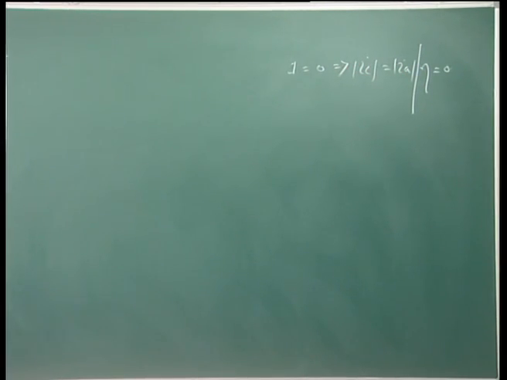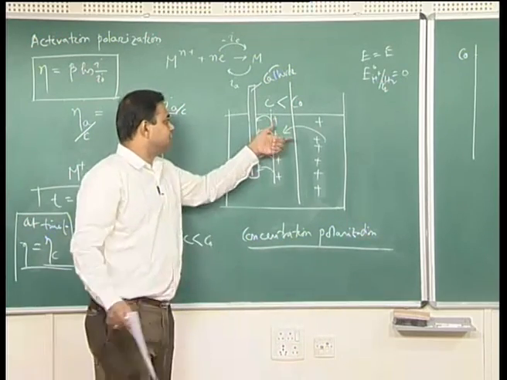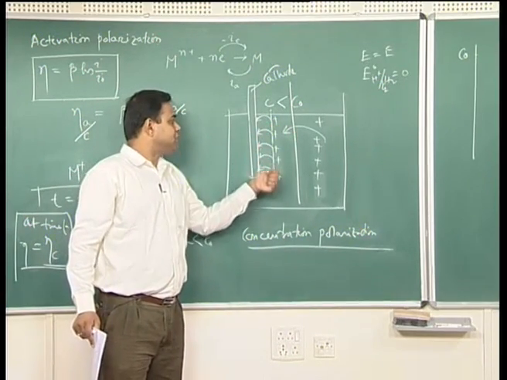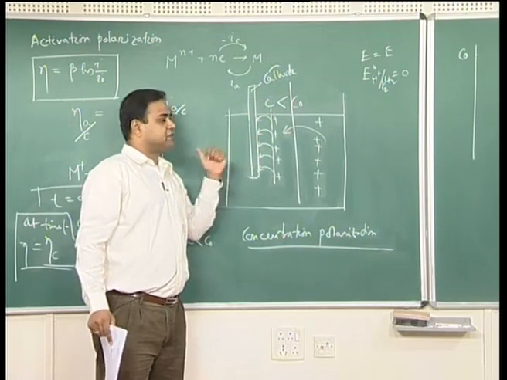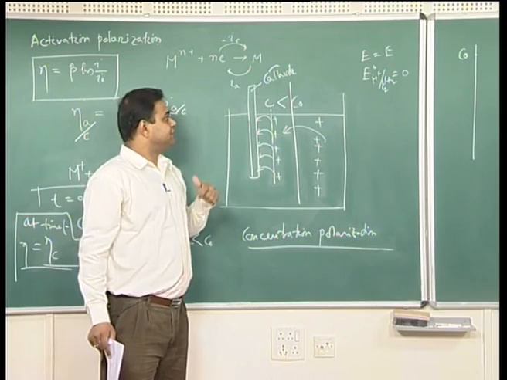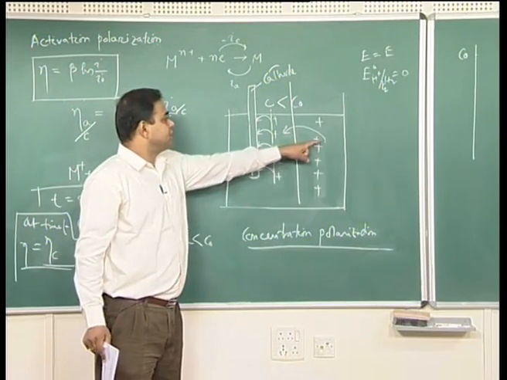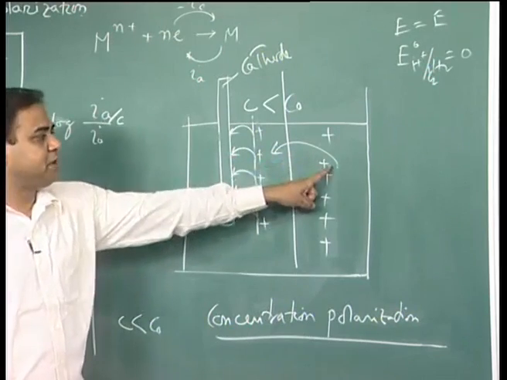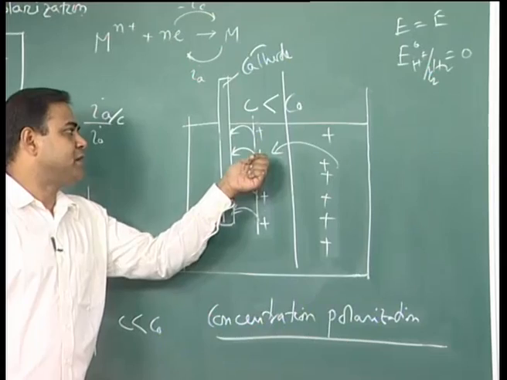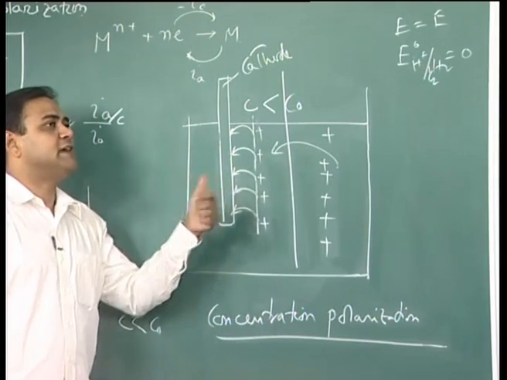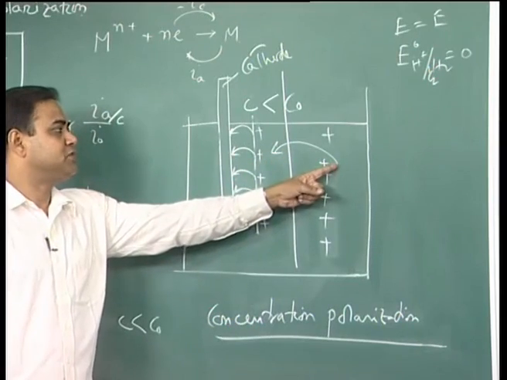Now, during the course of polarization, I see that the concentration of metal ion just in the vicinity of the cathodic surface is going to decrease, because the charge transfer rate from the bulk solution is the slowest step. So, the rate at which the metal ion is depositing there exceeds the rate at which metal ion is supplied from the bulk solution.